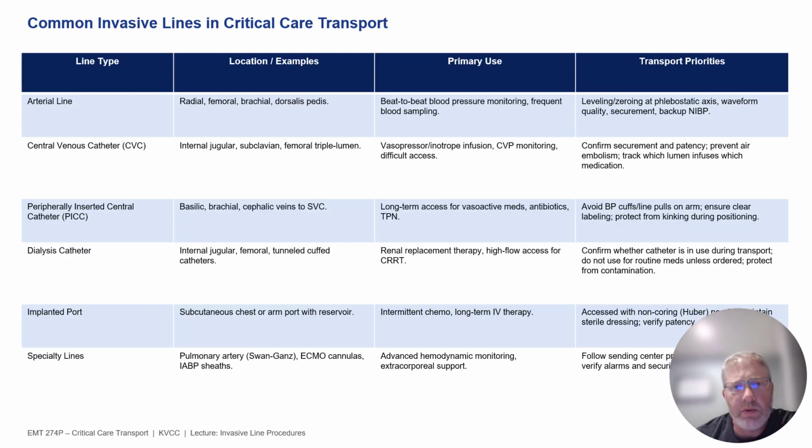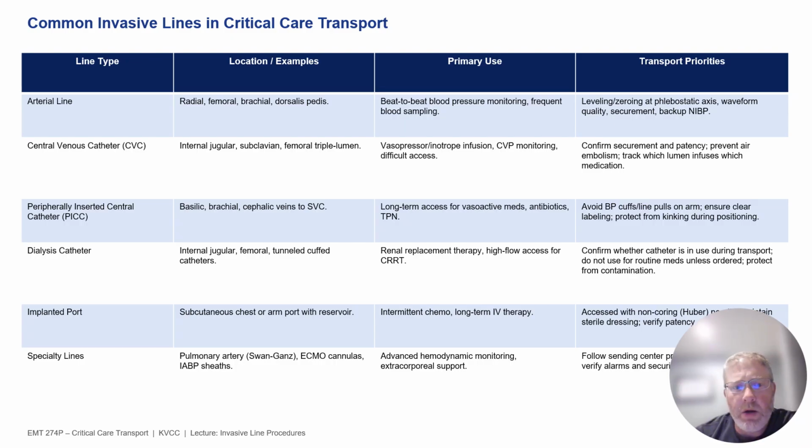You'll use every single one of these skills on patients going forward. Let me walk you through the big six categories of invasive lines that you'll encounter. So arterial lines, central venous catheters, PICC lines, dialysis catheters, implanted ports, and other specialty lines like pulmonary artery catheters or Swan-Ganz catheters, ECMO cannulas, IABP sheaths, and things like that.